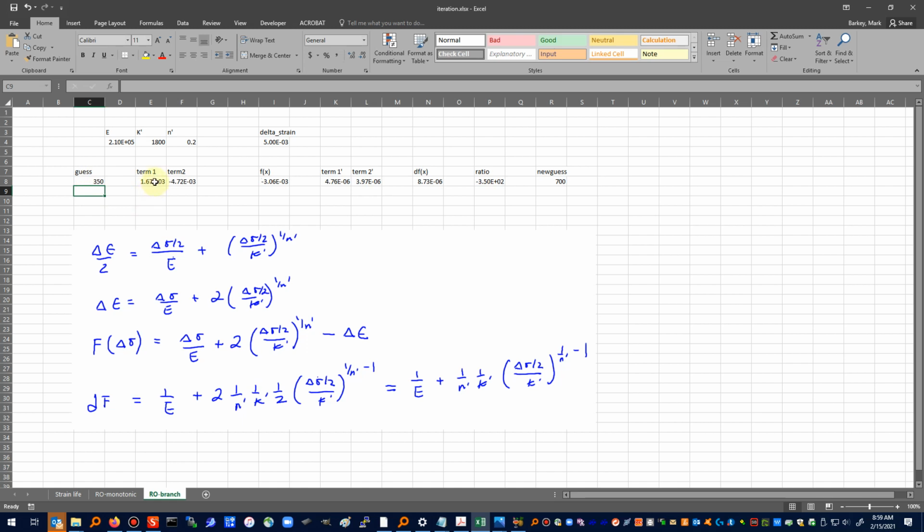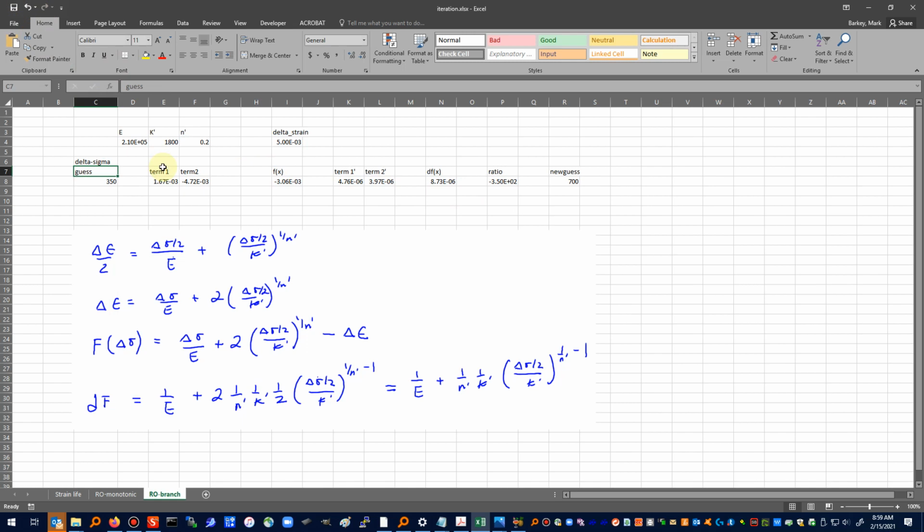Okay, so my term 1 is going to be the delta sigma. I'll make sure that it's clear that's a delta sigma. It's going to be my delta sigma over E. Okay, so that looks good.